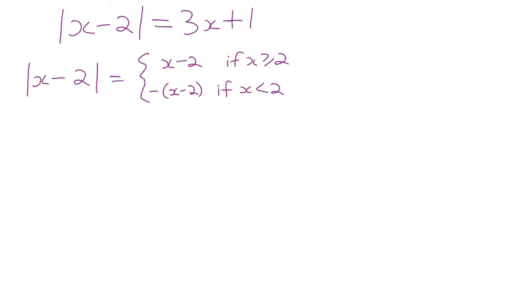If we graphed y equals x minus 2, the 0 occurs at 2. So that's the dividing line, because to do the absolute value of that, we take this portion and we reflect it like so. And that's your absolute value graph, which I'm now going to clear.